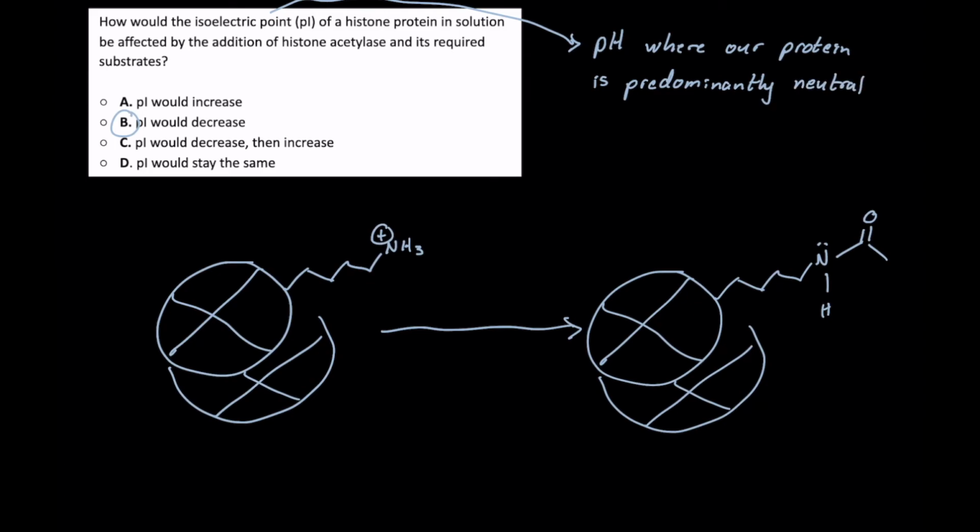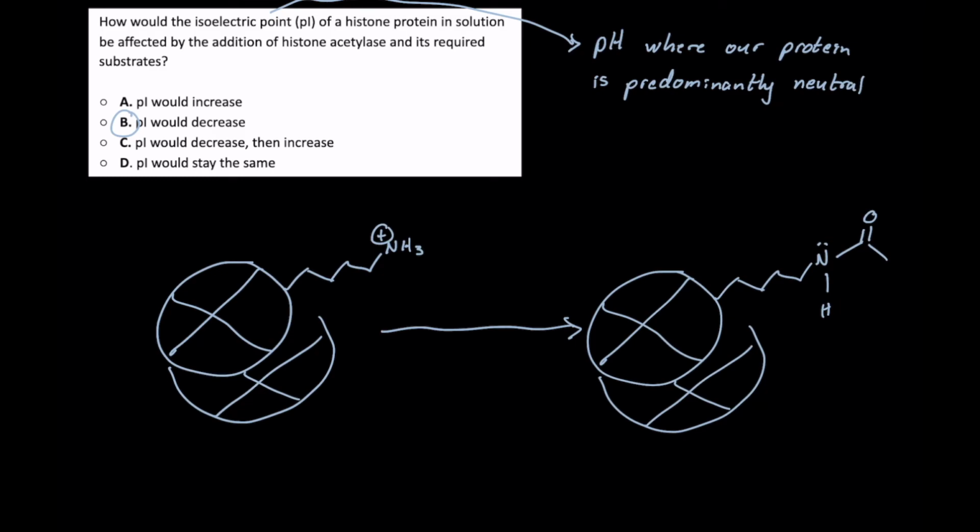To get to that pI, we're going to have to move up in pH less, because to neutralize this positive charge, we would need to go past the pKa of lysine, which is going to be pretty high at around 10, being a basic amino acid. Whereas if we neutralize this, we don't have to keep going up past that pH there.